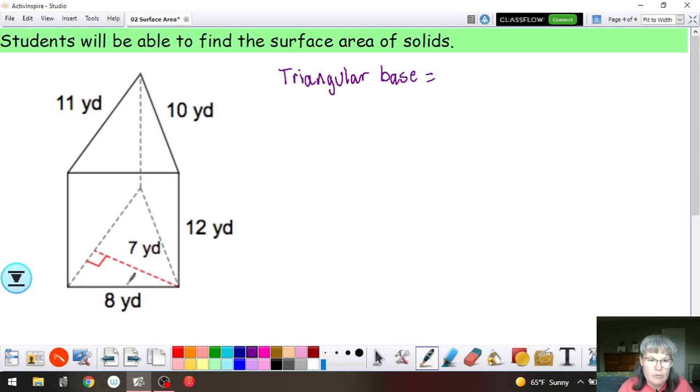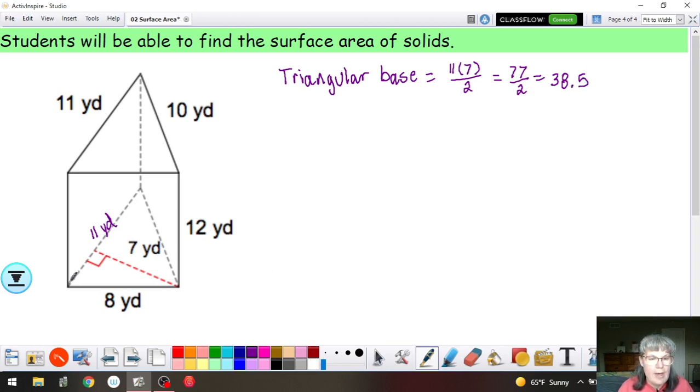You might want to do the 8 by the 7, but the height of a triangle is always perpendicular to the base, and we can see from our diagram that this side is 11 yards. So to find the area of the triangular base, we need to take 11 times 7 and divide it by 2. So that's 77 divided by 2 is 38.5. So that's one of the triangular bases.